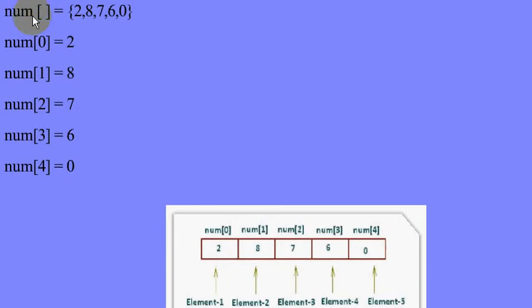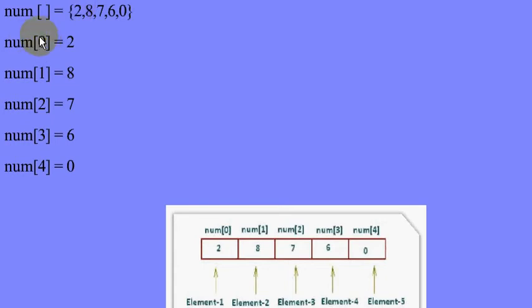Basically, an array looks like something like this. It has a name, and it has two square brackets, and this is the method to define them from the backend. In your programming you are only defining the values inside the array, and the first value will be stored at the zeroth address.